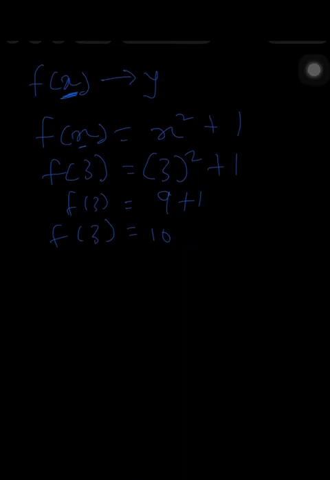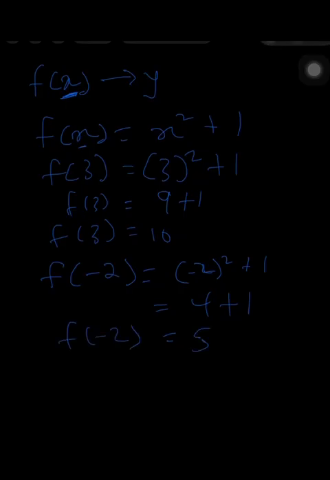For the same function, we can find f of negative 2, and that will be negative 2 squared plus 1, which will be 4 plus 1, which is 5. So f of negative 2 is 5.